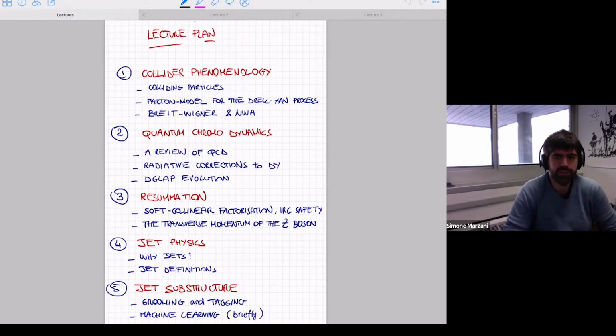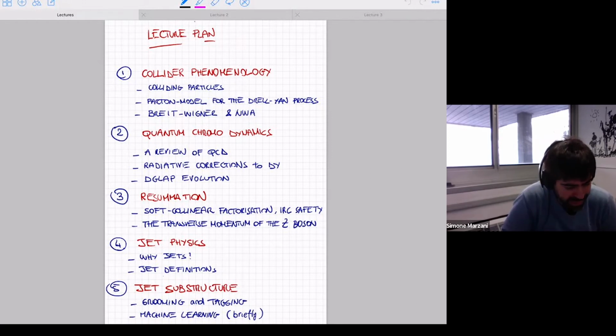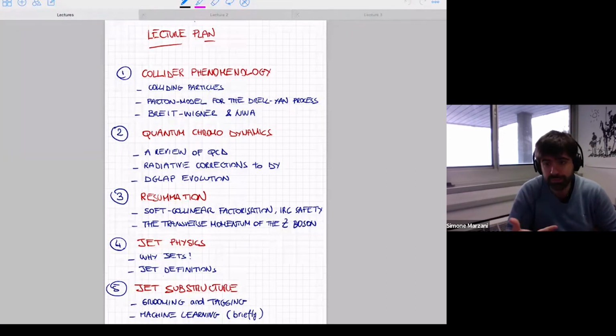The only type of singularity that doesn't cancel when you sum real and virtual together in this context are these initial state collinear singularities, which are proportional to the splitting function. And for those, they have to be absorbed into the parton distribution functions. What they leave behind are collinear logs, these logs of q square over mu square, which can be resummed by essentially exploiting the DGLAP equation. So this is sort of the big picture.